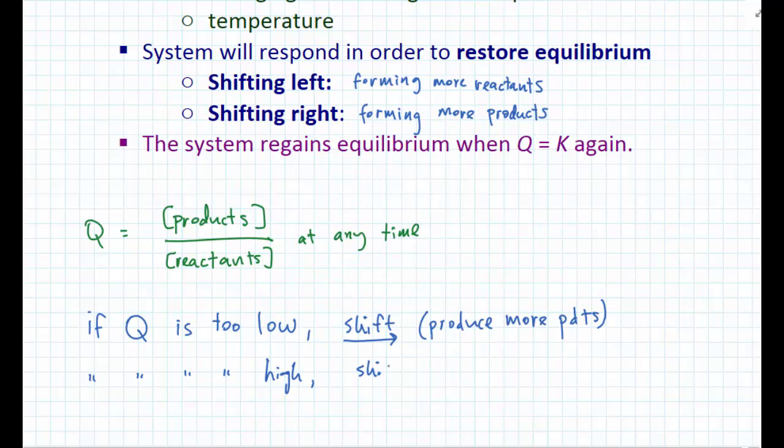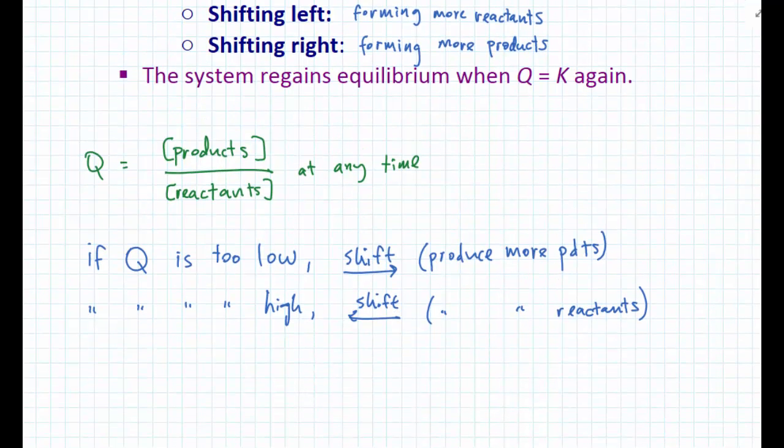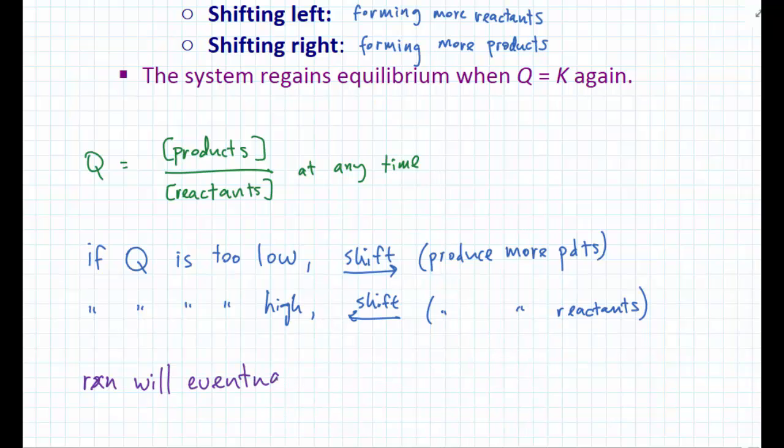Our shift is left to produce more reactants. But in either case, the reaction will eventually return to K.